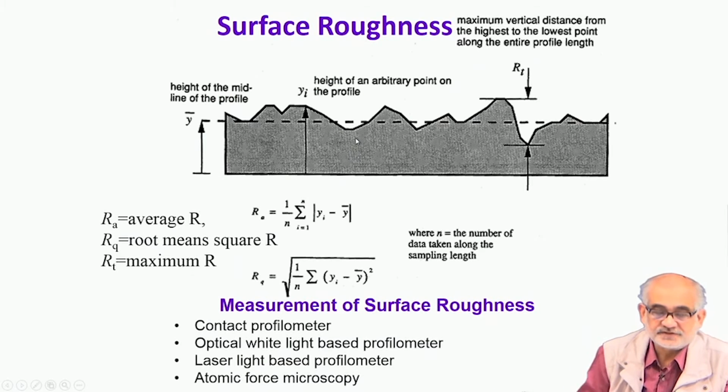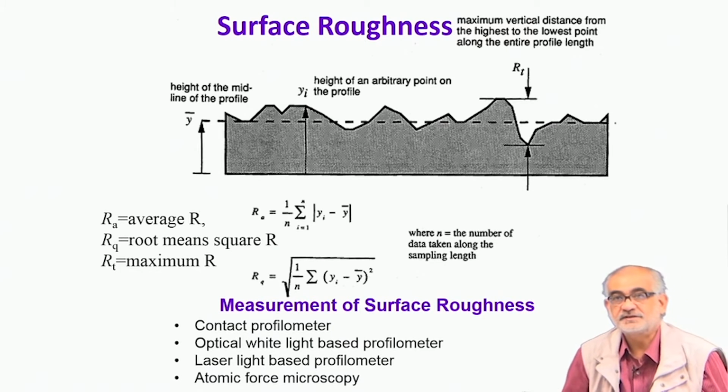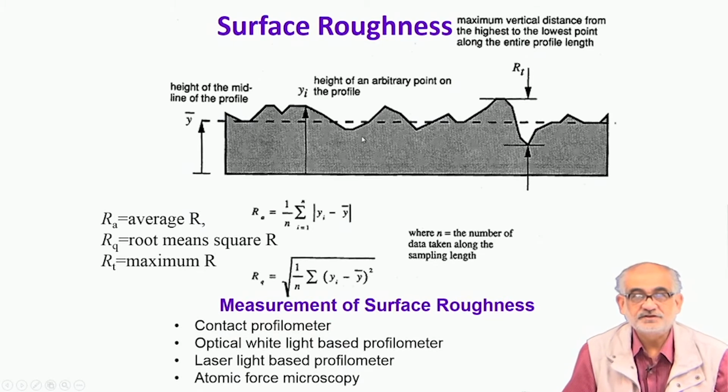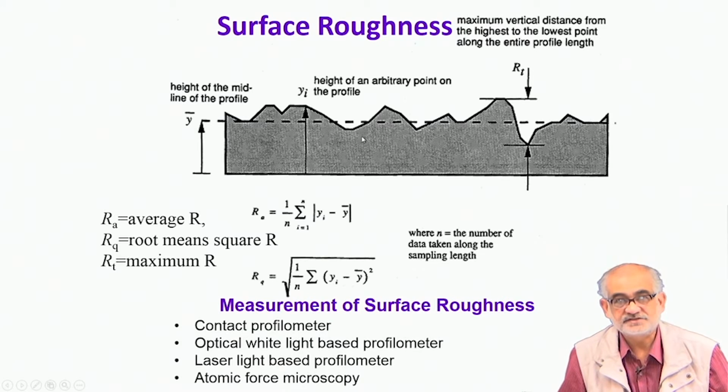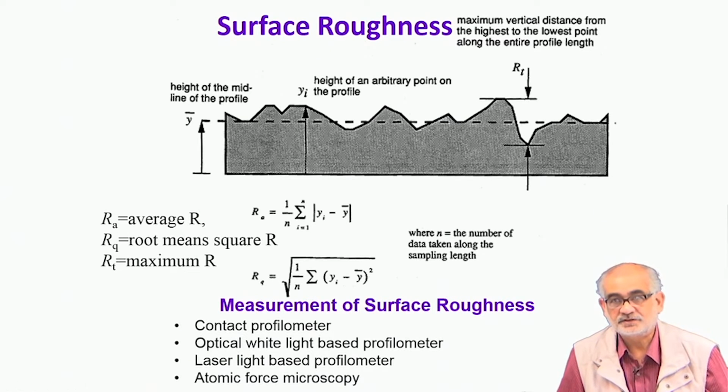Imagine a surface or a solid component which is freshly machined, and when you machine, the cutting tool moves over the surface and removes material by application of mechanical forces. Or, for example, think of a solid surface which is freshly ground through a grinding wheel or polished using certain abrasives.